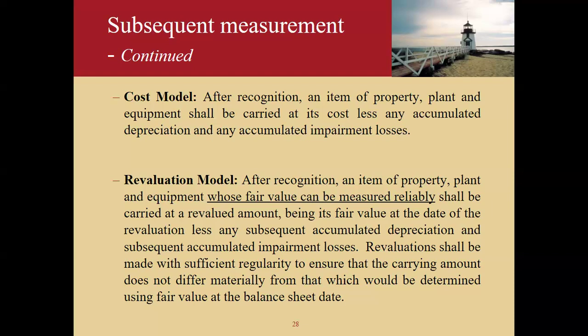So basically the revaluation model is using the market value, the fair value of the property, plant, and equipment. At that particular time, as you're measuring using the revaluation model, you have gone to the market and recognized what this asset can cost.